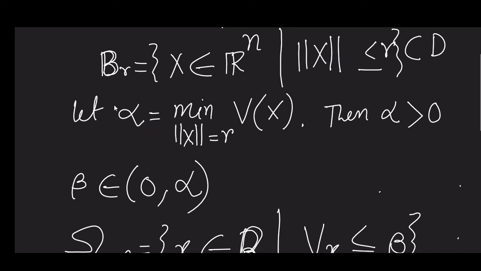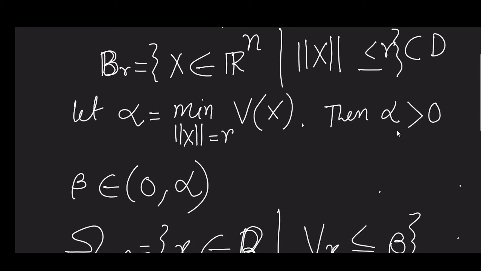Now we are considering an alpha. What is alpha? Alpha is that value of the minimum of Vx over mod x equal to R. Then we are considering alpha greater than 0, obviously. One question: how can we make this inequality alpha greater than or equal to 0?